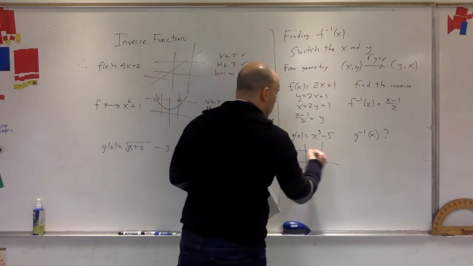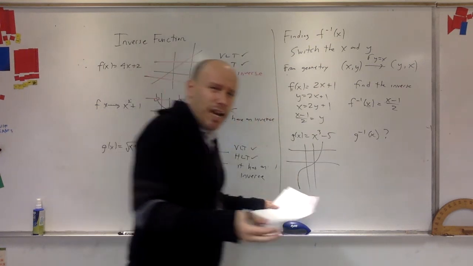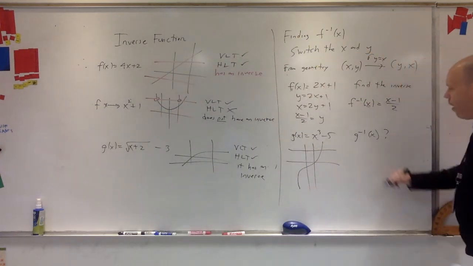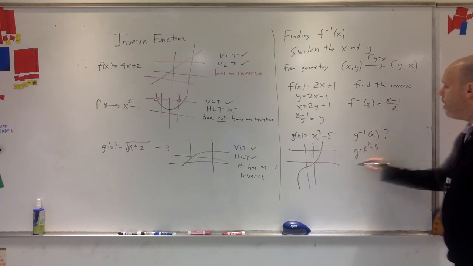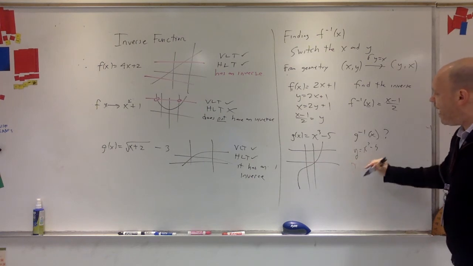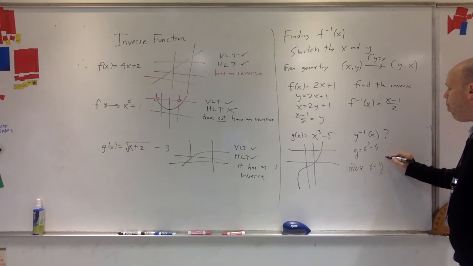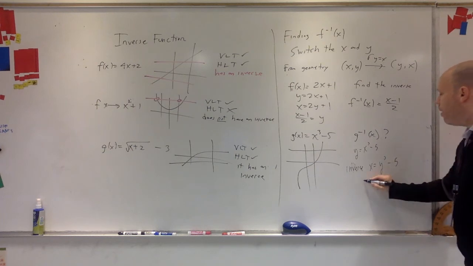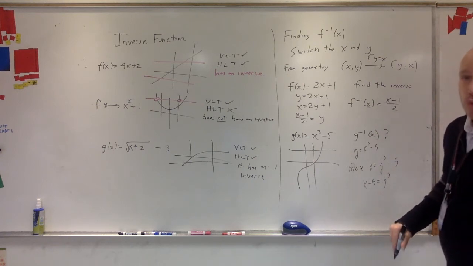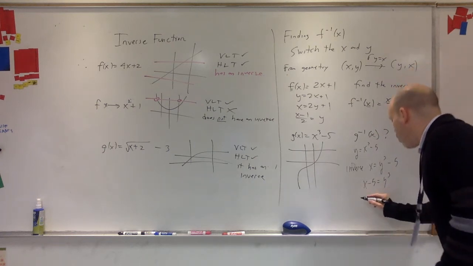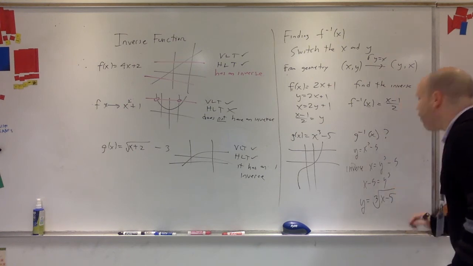So it passes the horizontal line test, it passes the vertical line test. There is an inverse. Let's see how we can solve for this. We have y equals x cubed minus 5. The inverse is x equals y cubed minus 5. x plus 5 equals y cubed. How do we undo a cube? We take the cube root. So y equals the cube root of x plus 5.